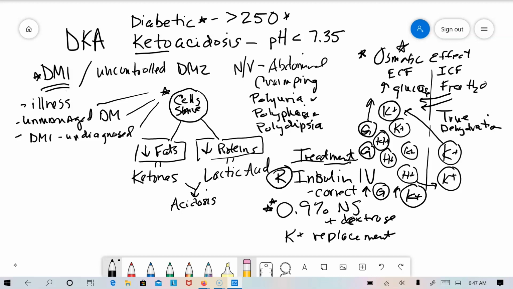Now, during all this, we're correcting the hyperglycemia, and in the process of doing all this, you're helping to correct the acidosis because you are allowing the body to have its first line energy source, which is glucose. So it triggers the body to stop breaking down these fats and proteins.